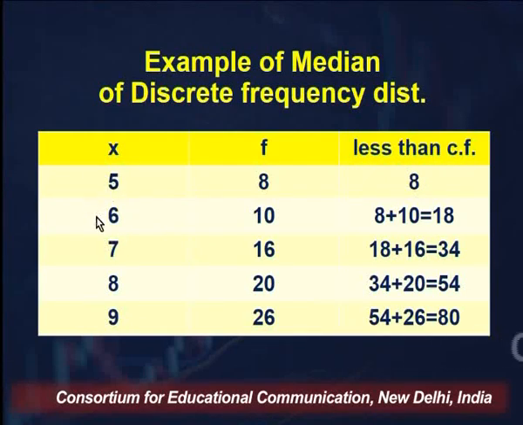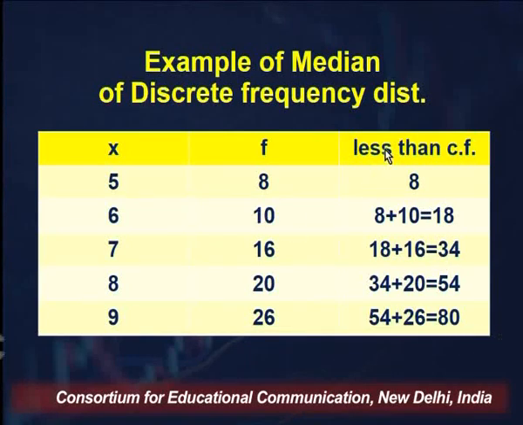Now if I look at the number of observations less than or equal to 6, that will be the number of observations which are 5 plus the number of observations which are 6. The number of observations which are 5 is 8, plus the number which are 6 is 10. So it is 8 plus 10 equal to 18. Similarly, the number of observations less than or equal to 7 will be 8 plus 10 plus 16, which is 18 plus 16, 34.